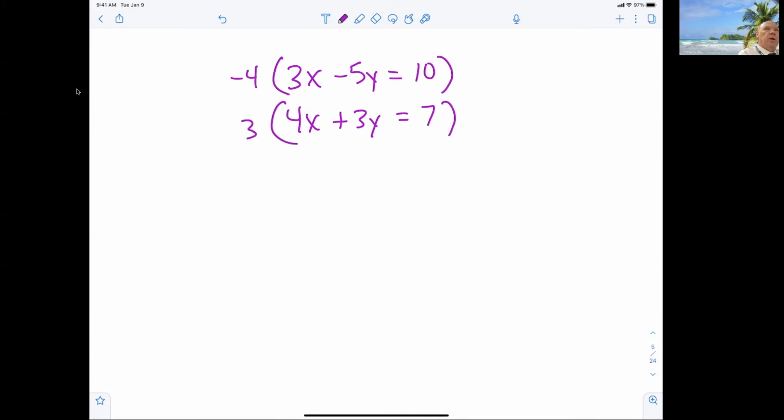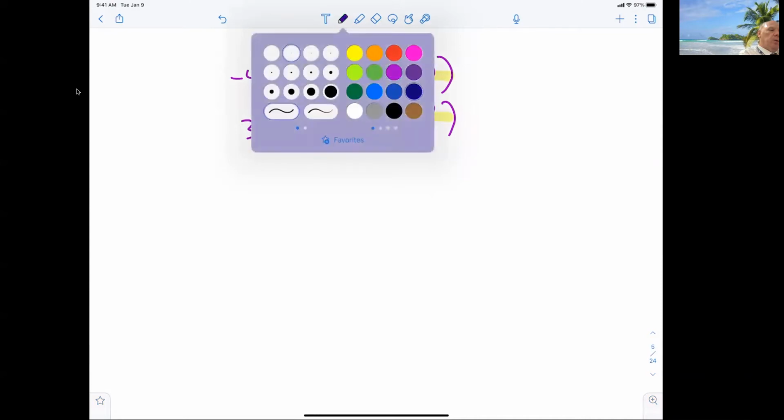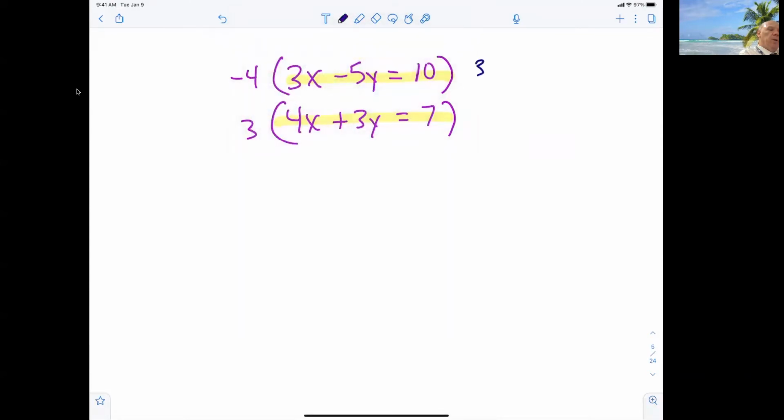All right, do you recall that, right? Where sometimes you have to multiply both of them. All right, you could also multiply, let's say I wanted to eliminate the y's, I can multiply the top by what? You can multiply the top by 3 and the bottom by 5, and that would create -15y and +15y. Does everybody agree with that? Anybody have any issues? Nobody?